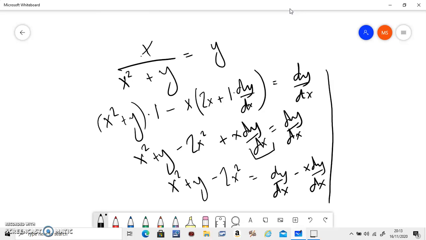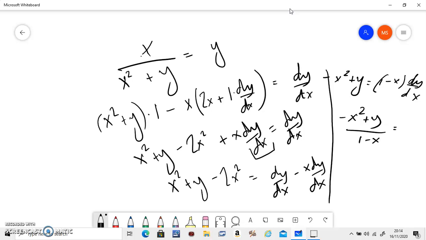Now, what's common between the two things on the right hand side is dy by dx, and you can do x squared minus 2x squared. So that should become negative x squared plus y equals, take the dy by dx common, and whatever is left goes inside the bracket, which is 1 minus x. And then leave the dy by dx alone, so you get minus x squared plus y divided by 1 minus x equals dy by dx.